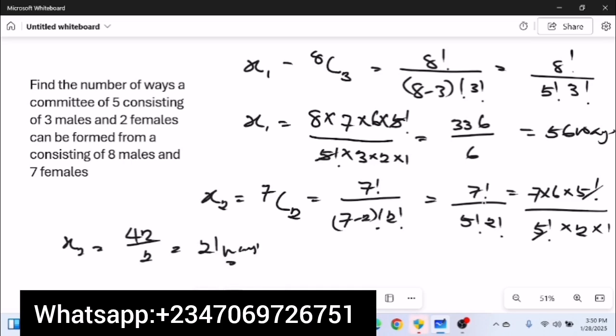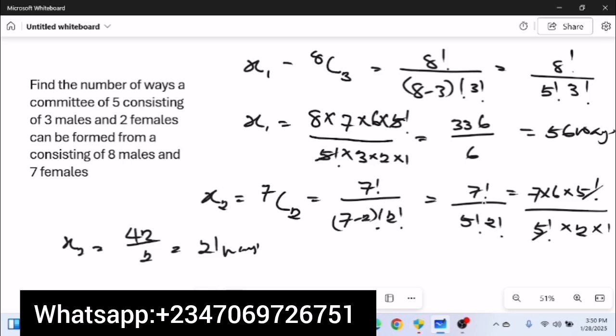So this is the number of ways of selecting 2 females from 7 females. Now the question is asking us, in how many ways can a committee of 5 consisting of 3 males and 2 females be selected from a social club consisting of 8 males and 7 females?